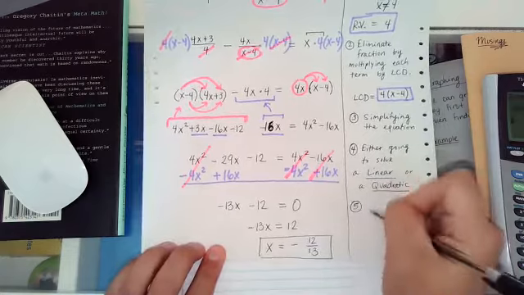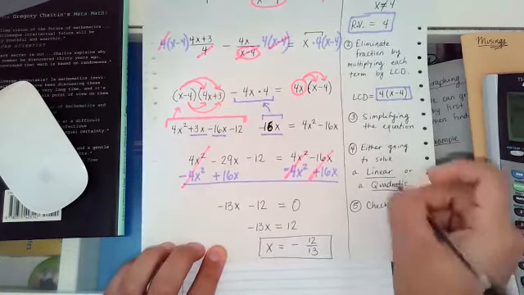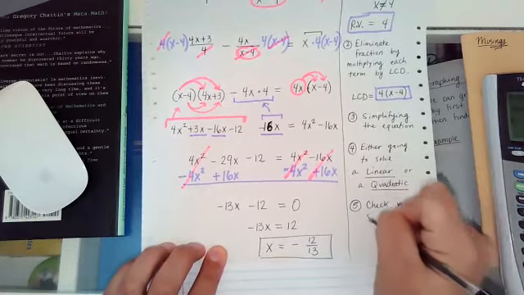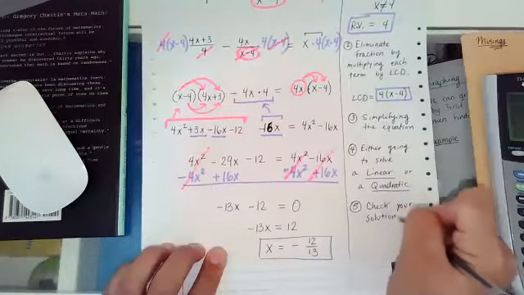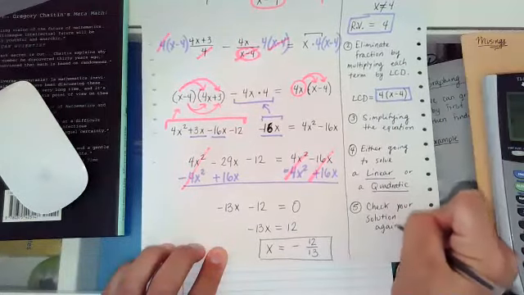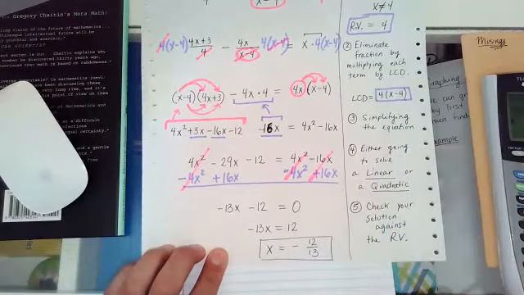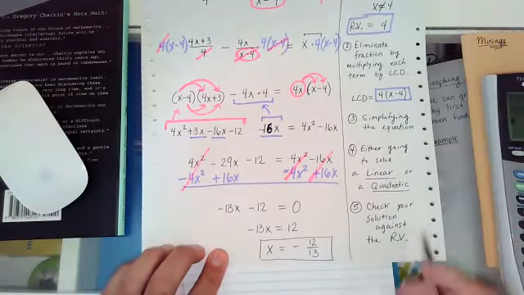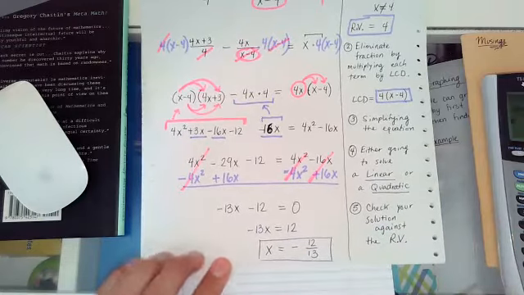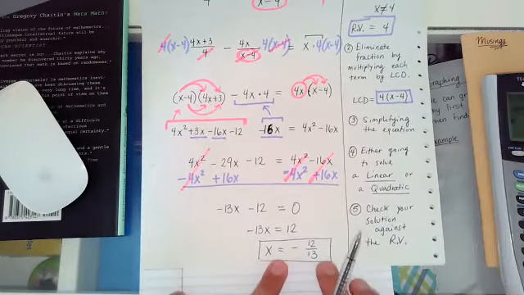The fifth step is going to be to check your solution against the restricted value. If this is not equal to the restricted value, then this is going to be a valid solution.